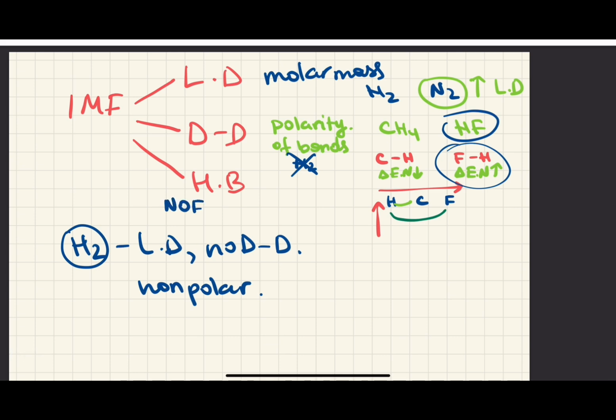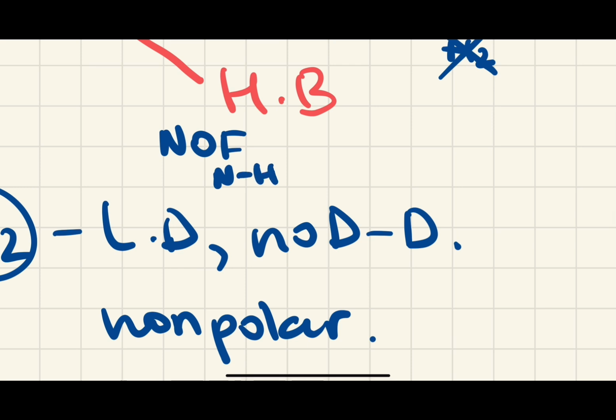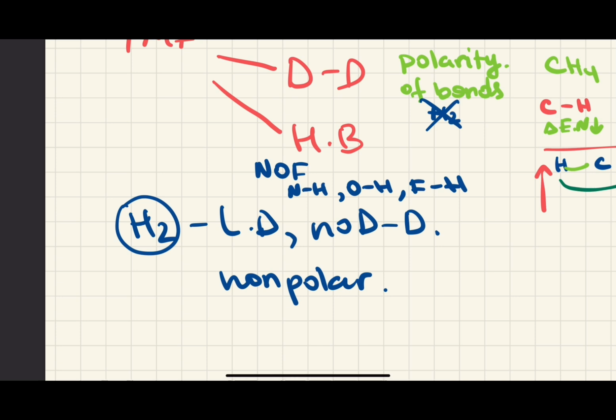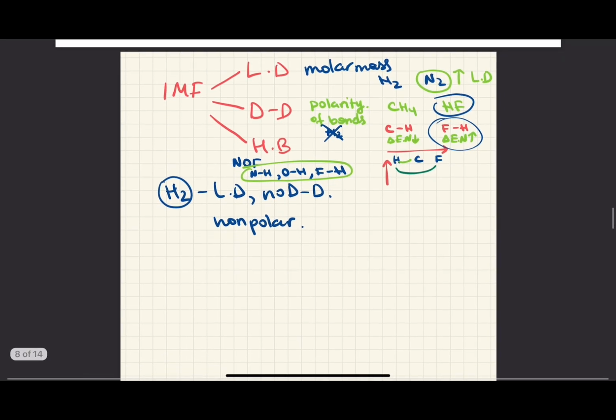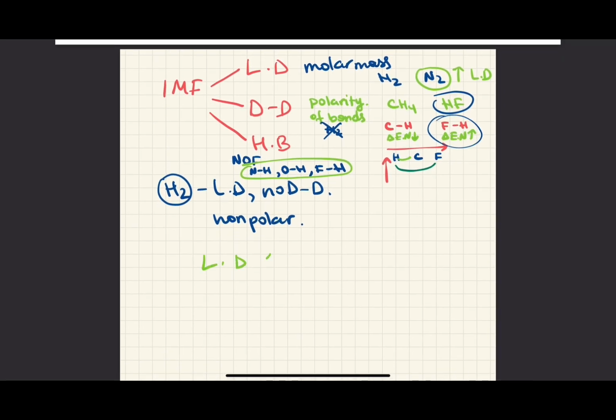We need a bond between nitrogen and hydrogen, oxygen and hydrogen, or fluorine and hydrogen. Whenever you see these bonds, you know that you have hydrogen bonding. When you put them on a scale, LD is the weakest, dipole is stronger than that, and hydrogen bonding is way stronger than both of them. Okay? So that's what we have.